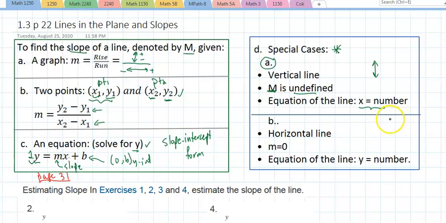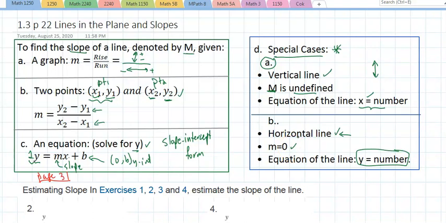An oblique line is a line that's not vertical nor horizontal. The 2 exceptions would be the vertical line and the horizontal line. One of them happens when y is not present, which means x is there. And the second special case, a horizontal line, is when you look at y equal a number, x is not present, and the slope of that line is always 0. Those special cases you need to know.